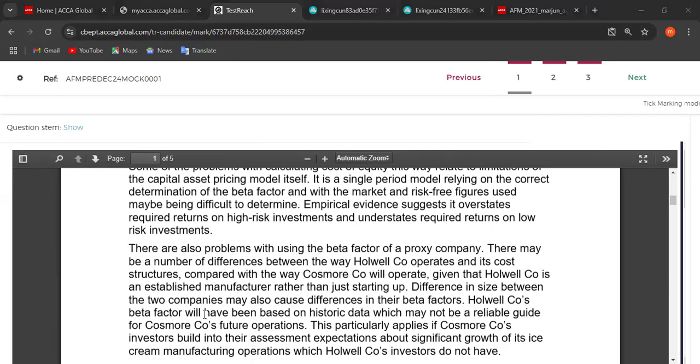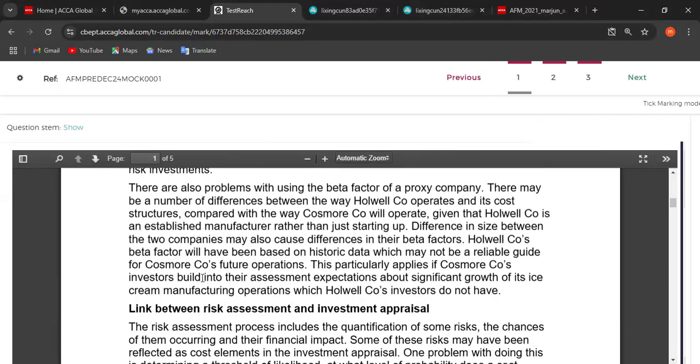H company's beta factor will have been based on historic data and may not be a reliable guide for Cosmore company's future operations. This particularly applies if Cosmore company's investors built into their investments expectations about the significant growth of its ice cream manufacturing operations, which H company's investors do not have. So this is the very important point the examiner has explained.